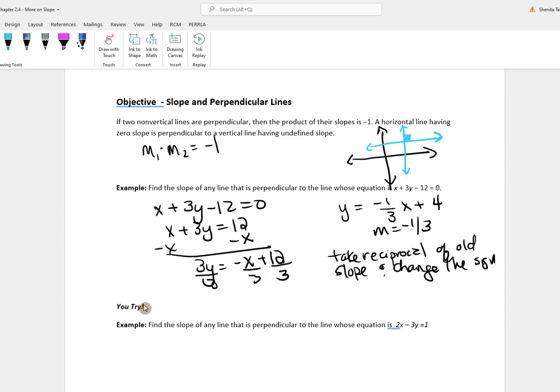If you guys don't remember, reciprocal is this. You flip it. So if you have negative 1 over 3, the reciprocal would be negative 3 over 1. And then you change the sign. So the slope of the line that's perpendicular to this one would be 3.